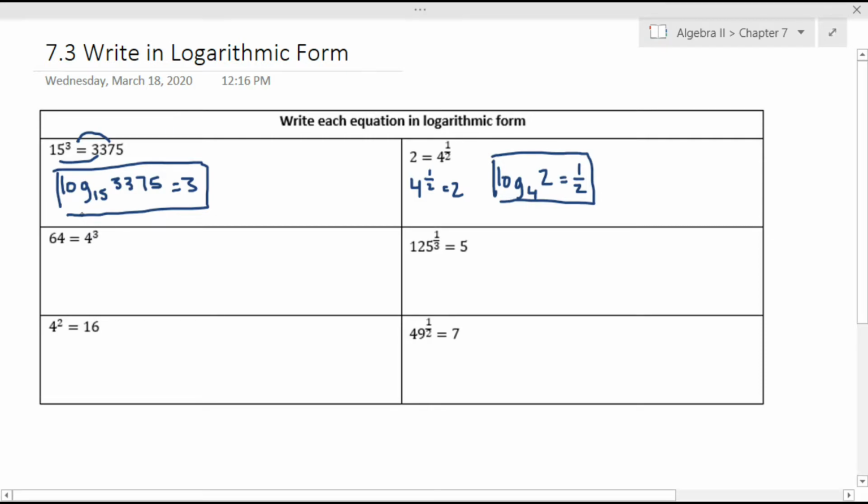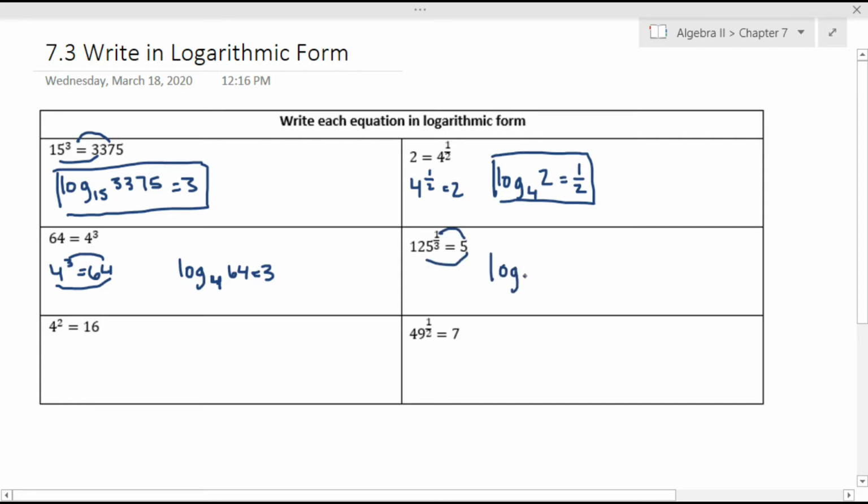I'm assuming you paused it and tried it, and now we're going to get together. Make sure the exponent is on the left. 4 cubed is equal to 64. So log base 4 of 64 is equal to 3. And again over here, swoop-de-doop.